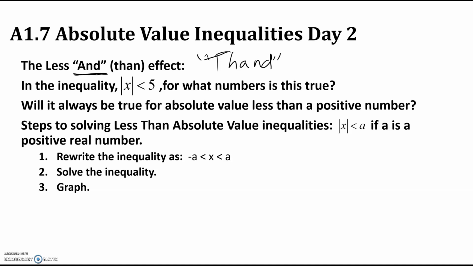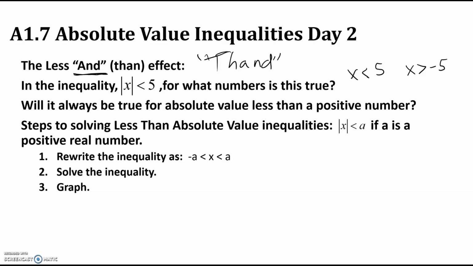Okay, so in the inequality absolute value of x is less than 5, for what numbers is that true? So think about what numbers would make that true. If I drop the bars, that would be anything where x is less than 5, and anything where x is greater than negative 5.